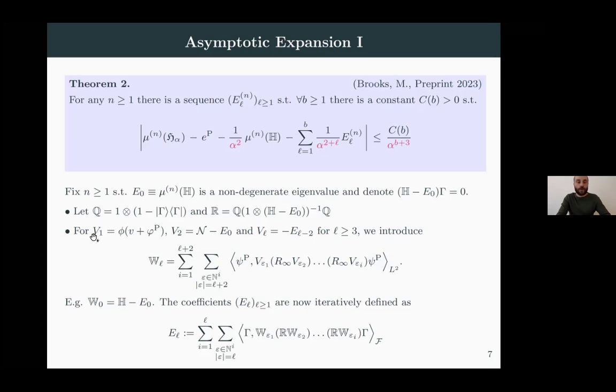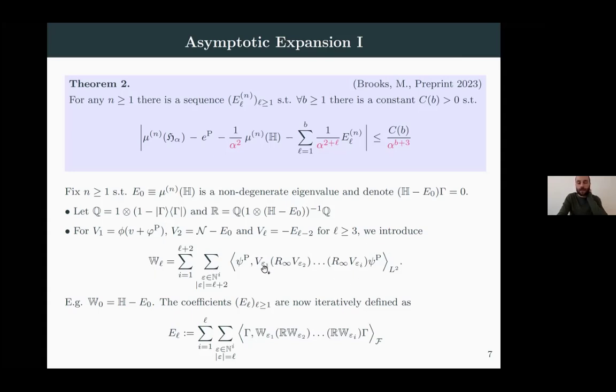And then we introduce a family of operators V_L, where V_1 is the shifted field operator, V_2 is the number operator minus this eigenvalue of this operator H, and the other V_L are just these shifted coefficients that we are still about to define. And with these operators, we now define yet another family of operators called W, that are defined by this expression.